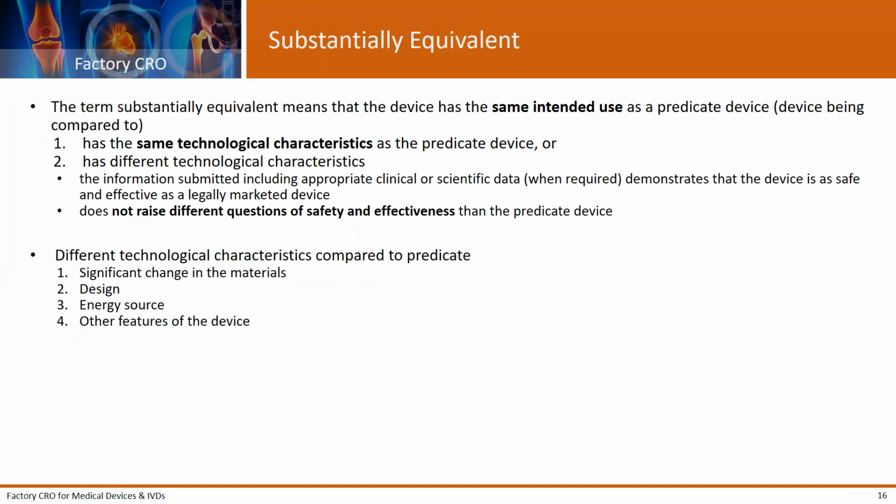What does it actually mean, substantially equivalent? It means that the device has the same intended use as a predicate device, and it has the same technological characteristics, or it has the same intended use and different technological characteristics, but the submitted information, including appropriate clinical or scientific data, demonstrates that the device is as safe and effective as the already legally marketed device, and it does not raise questions regarding safety and effectiveness compared to the predicate device.